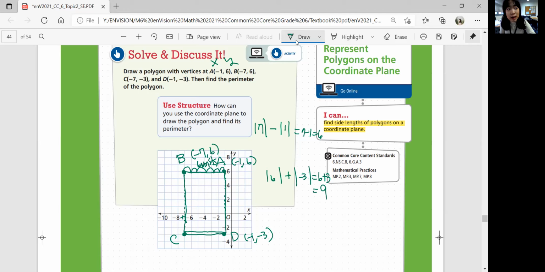And you can check by counting 1, 2, 3, 4, 5, 6, 7, 8, 9 units. Good. So we have 6 units by 9 units. You have 2 6-unit sides and 2 9-unit sides. So your perimeter should be 6 plus 6 plus 9 plus 9 units, which is 30 units. Okay, so the perimeter would be 30 units.